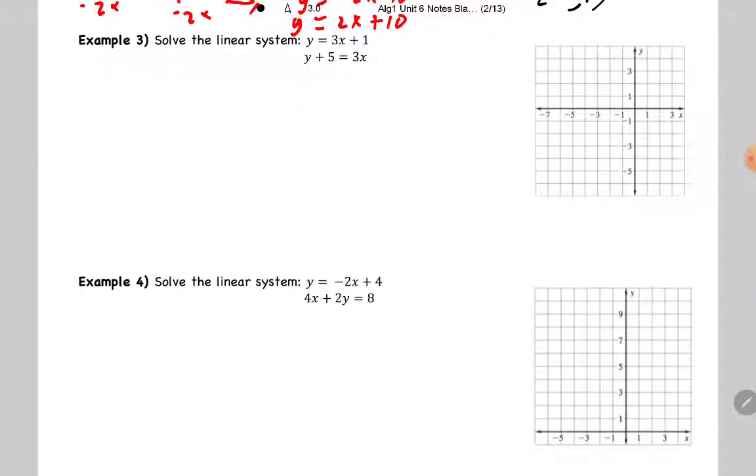And then let's go ahead and do two more examples. So the first one is good. Second one, though, I have to subtract 5 from both sides, and I'll get y equals 3x minus 5.